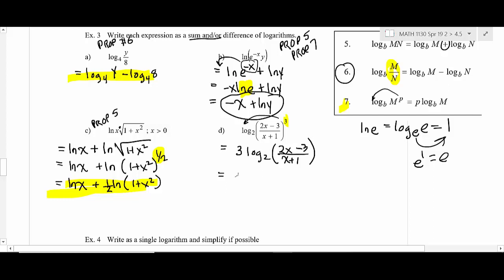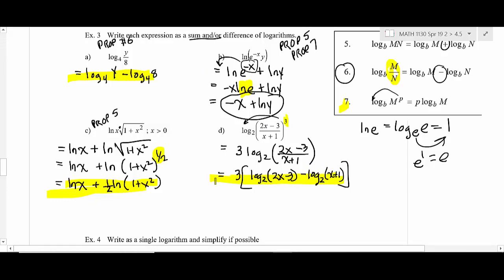You'd have to create a grouping symbol there, and then you would have log base 2 of the numerator, and according to property 6, you break that up into a difference. Then you'd have log base 2 of x plus 1, like that. And that would be as far as you would want to take that.